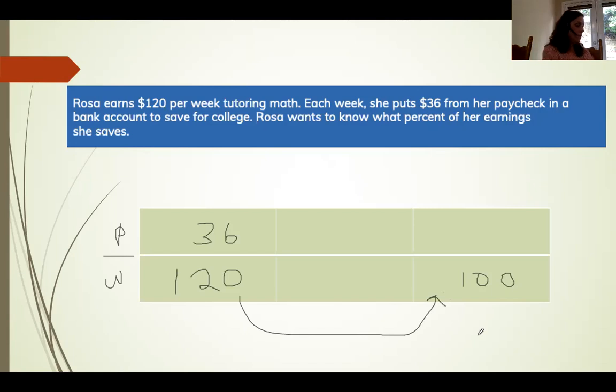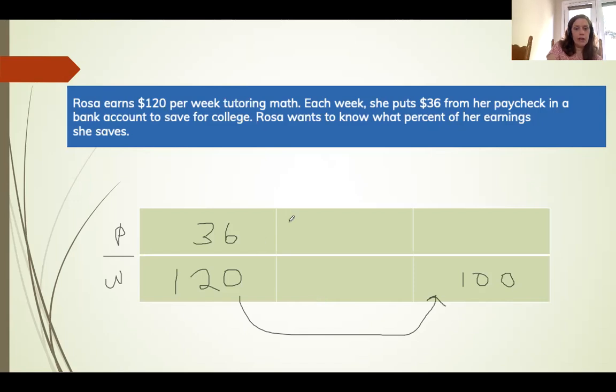So pull up my handy dandy calculator here. If I have 120 divided by 100, I need to go the other way. 100 divided by 120 is, I don't like this. I don't like this at all. Okay, let's just start getting something reasonable.